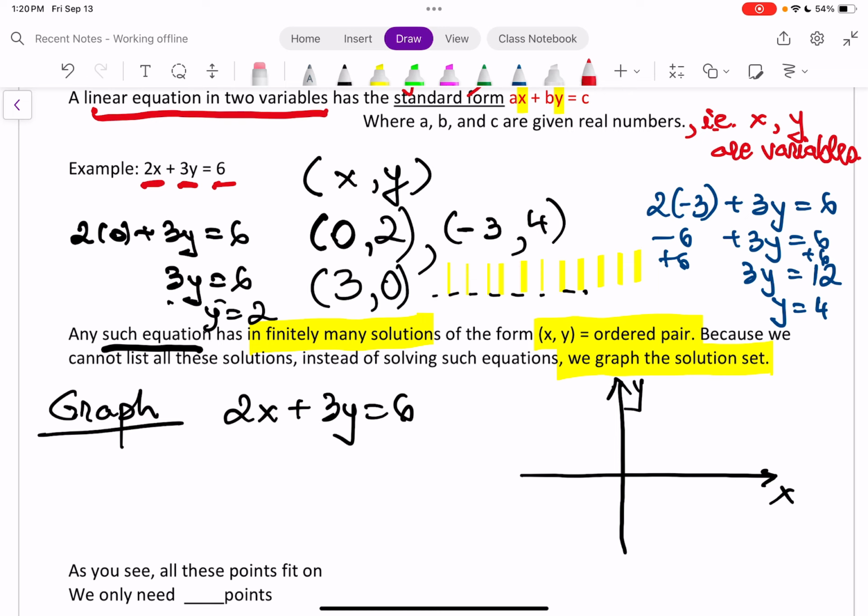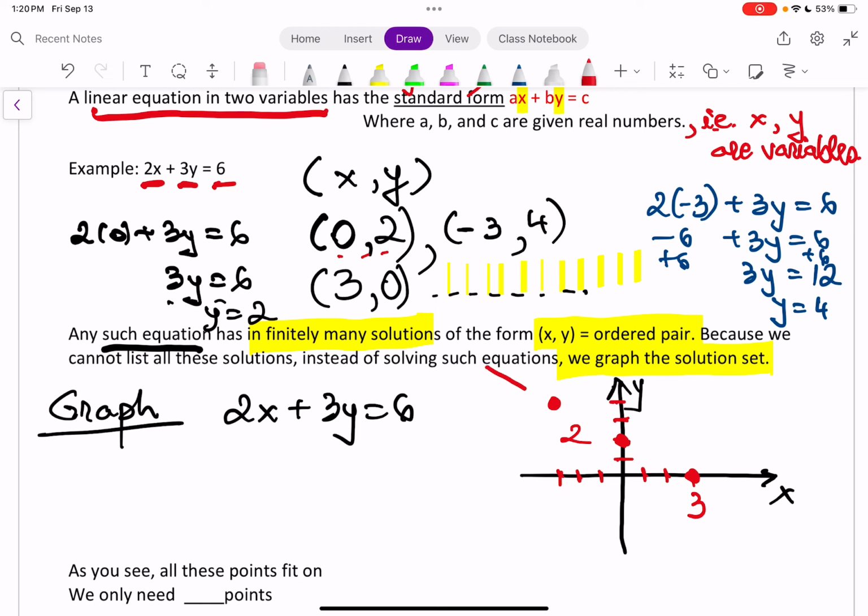So I'm going to take some of these points I found here. x is 0, y is 2, x is 3, and y is 0. x is negative 3, and y is 4. And you can find as many more as you wish.